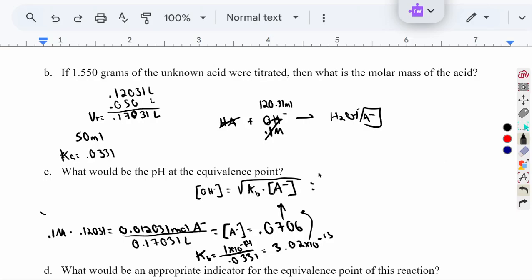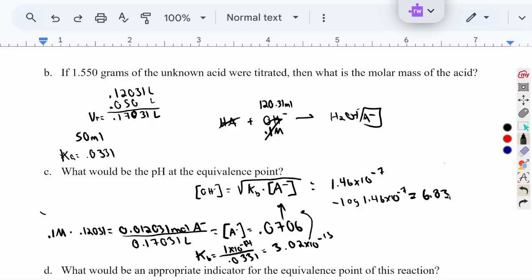Okay, what I'm going to get then is the square root of that times that. This gives us 1.46 times 10 to the negative 7. We'll take the negative log of that, and we're going to get 6.83.